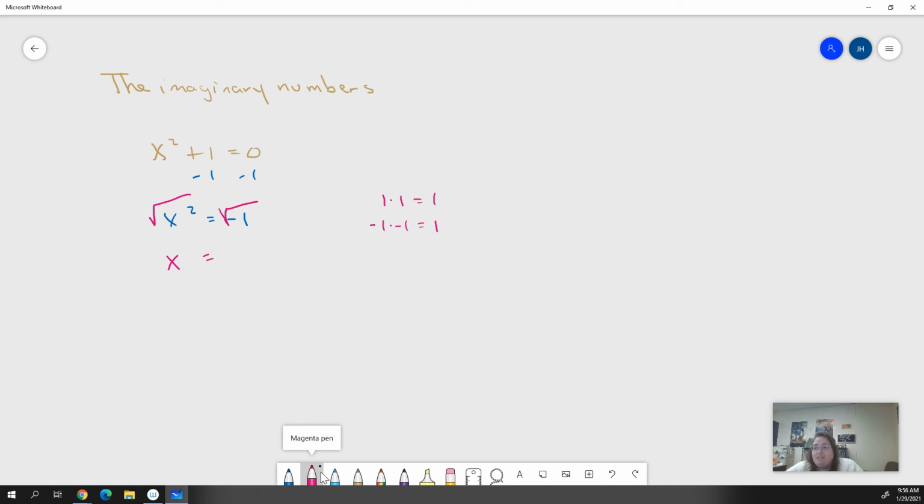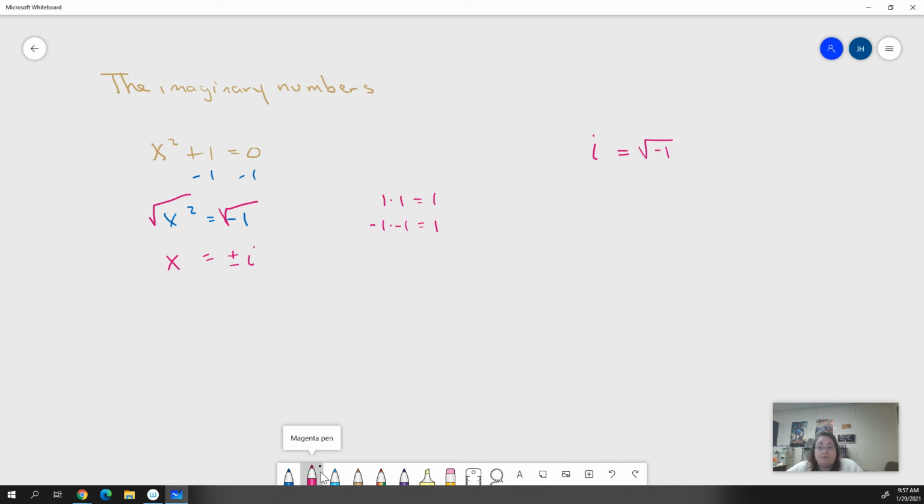And so mathematicians came up with this thing that we call the imaginary unit, right? And the imaginary unit we just call i, right? And what we say is that i equals the square root of -1. So if I were to do this right here, I would say that this is plus or minus i, right?